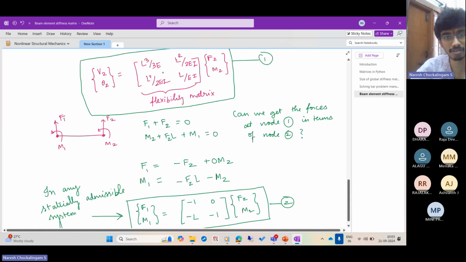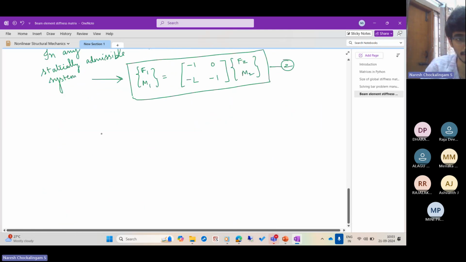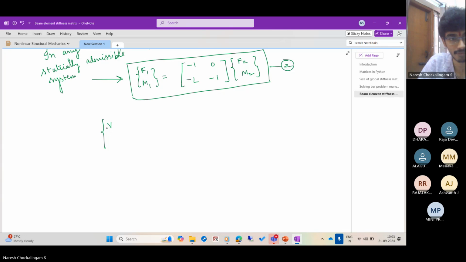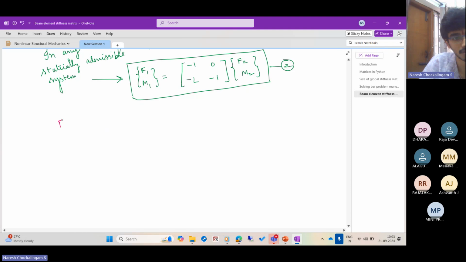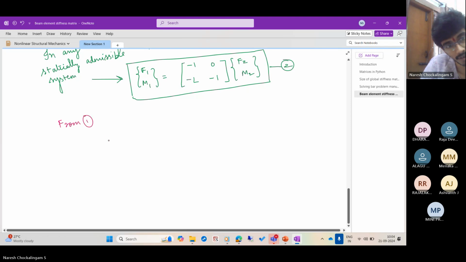So what to do? We just have to invert it, right? Before we invert it, let's take some things common. This L cube by 3EI, L cube by EI can be taken out. So from 1, I have V2 theta 2 is equal to, let me take L cube by EI out.